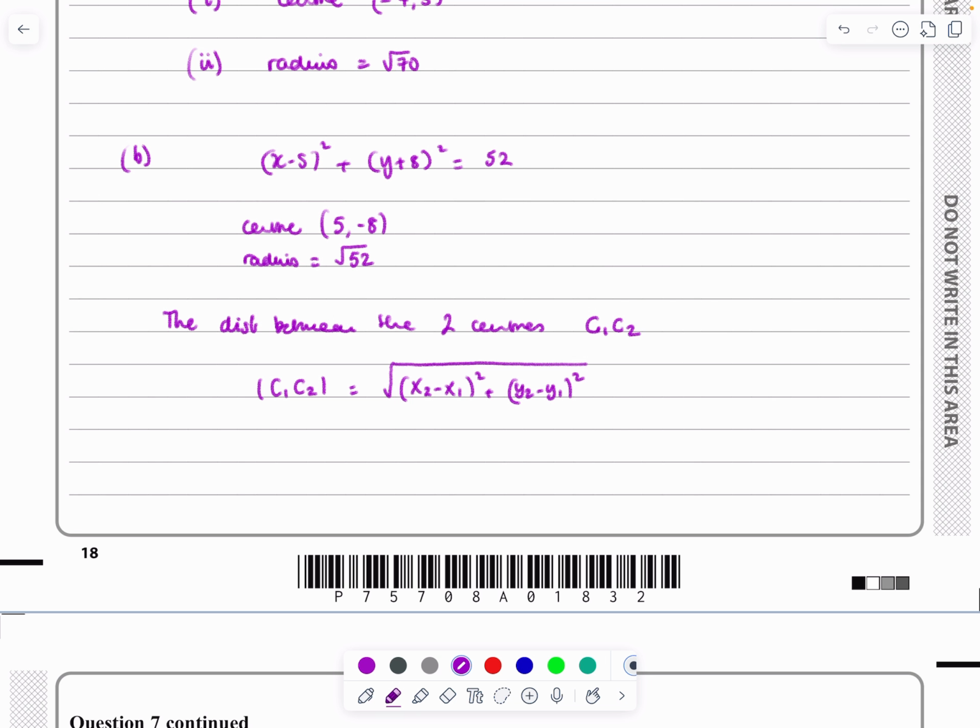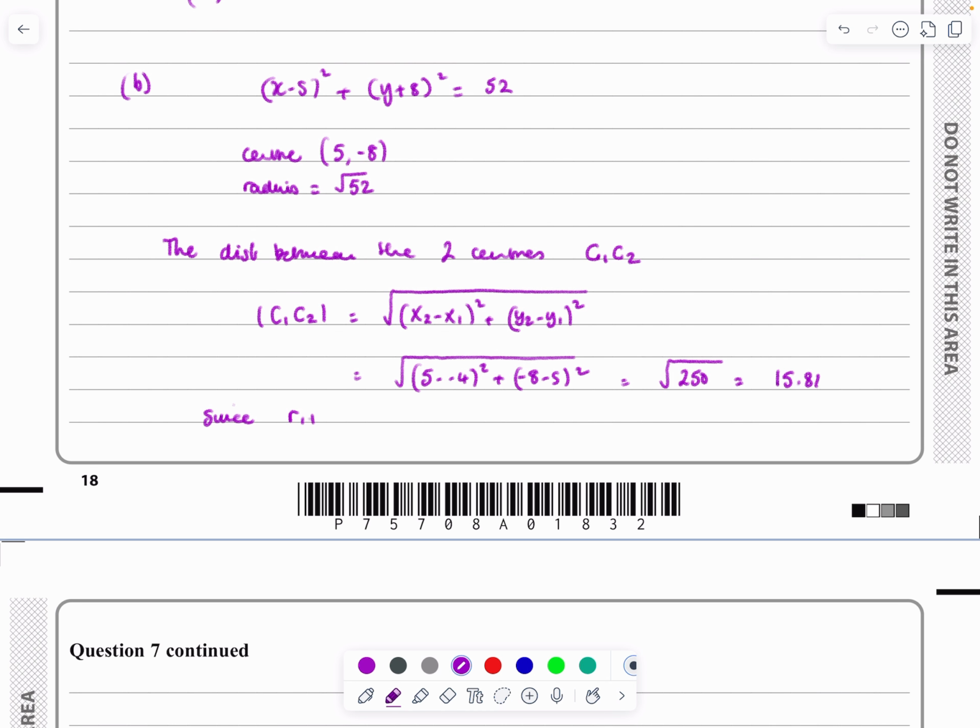The length of a line if you know the 2 coordinates. So in this case, that's going to be the square root of 5 minus minus 4 squared plus minus 8 minus 5 squared, which gives me the square root of 250, which works out to be 15.81.